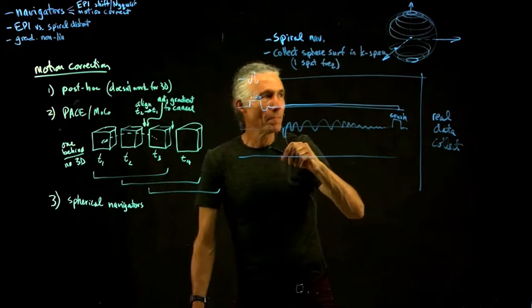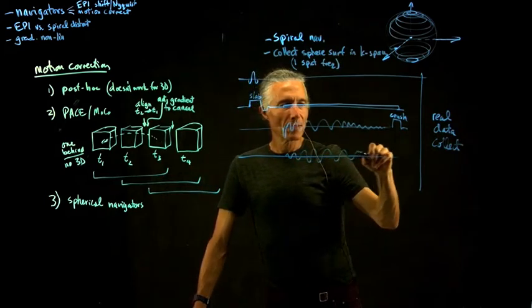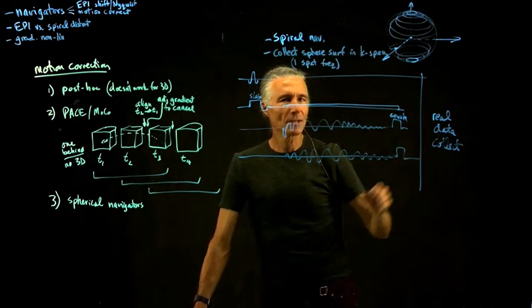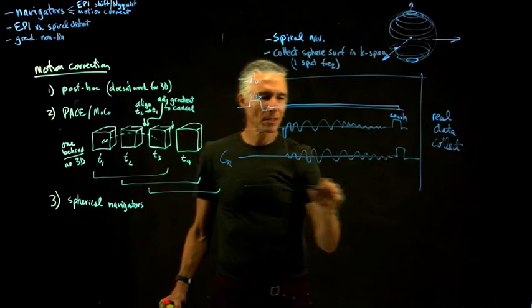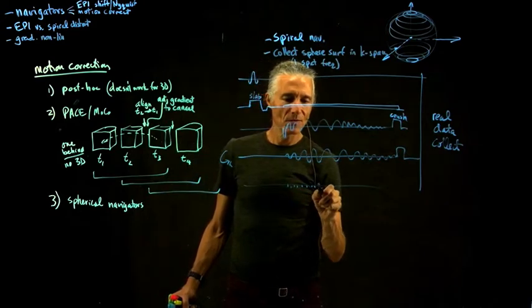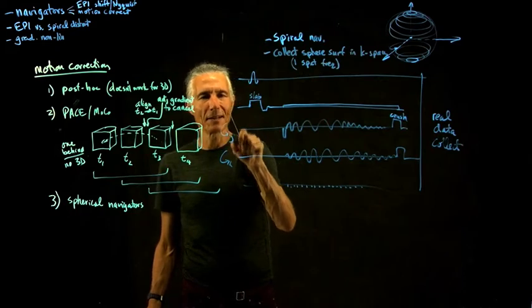So here's the other spiral gradient, and maybe another crusher. So basically we just collect a whole sphere of K-space. We haven't said why we want to do that yet. I'm getting to that.